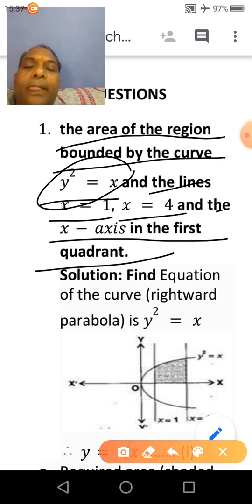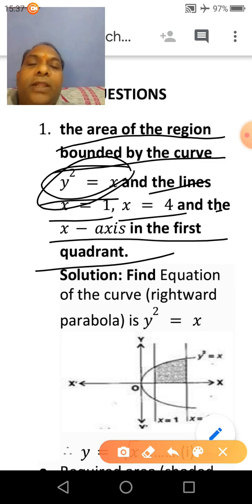So here y square is equal to x is a parabola passing through the origin and its axis of symmetry is x-axis.